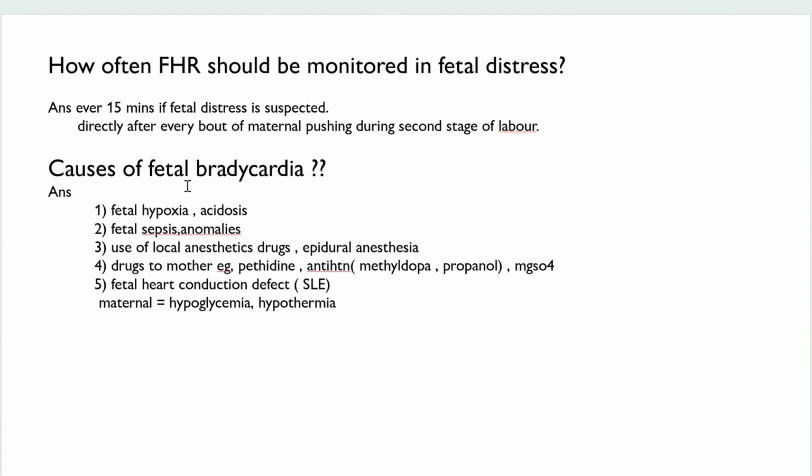And now, since there is a heart rate, we have always talked about in adult situation what is the cause of tachycardia, what is the cause of bradycardia. So similarly, we should also know the causes of fetal bradycardia in the fetus.